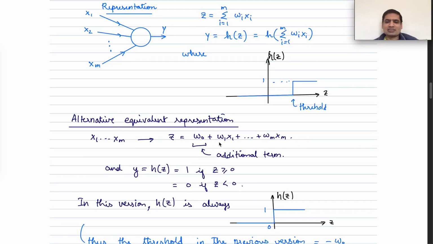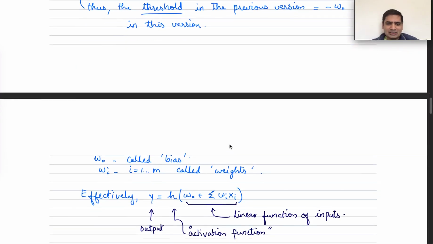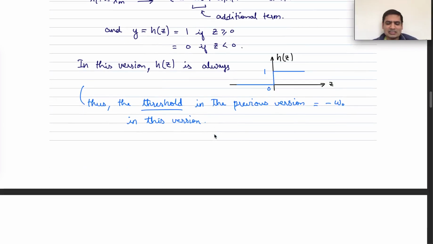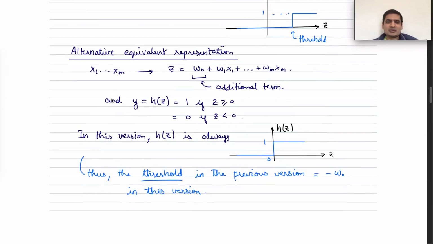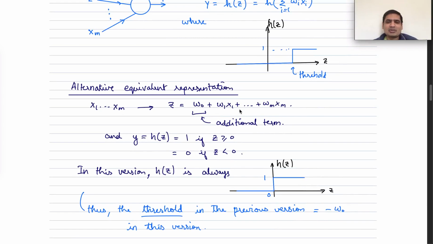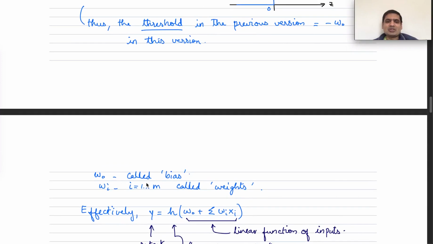So minus w naught is the threshold for this particular expression. That's a very simple expression. The weights wi that pre-multiply the xi are called the weights, and then w naught, the constant term, is called the bias. This is just neural network lingo, I suppose.